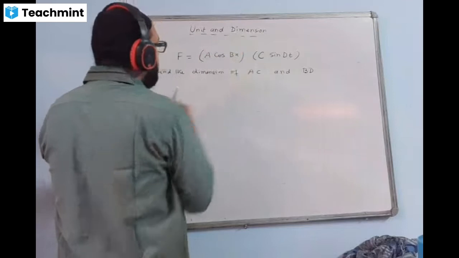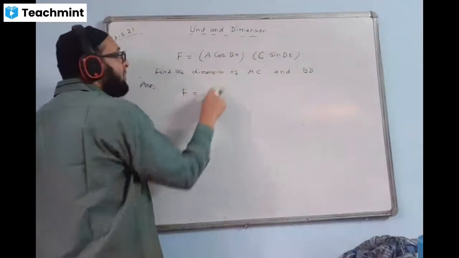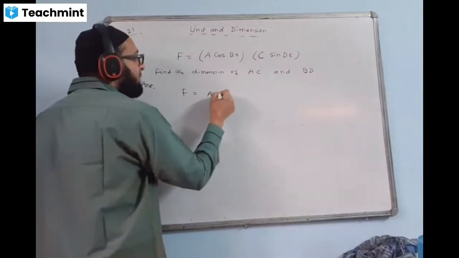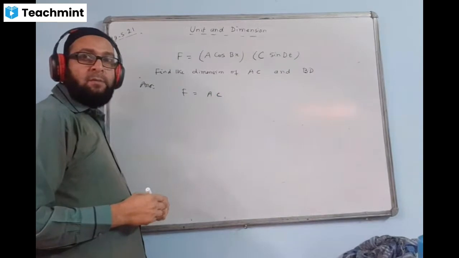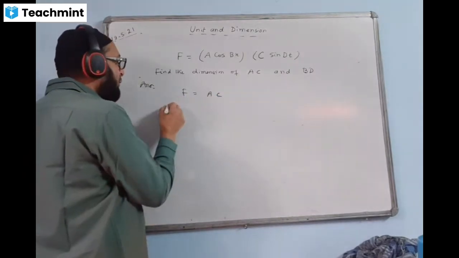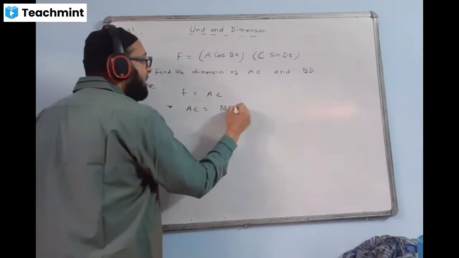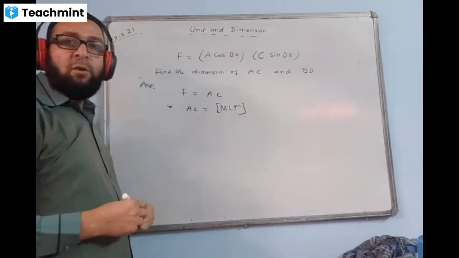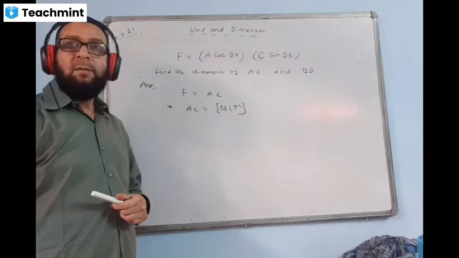A and C. So F is equal to AC. Very simple. Then the dimension of AC is the same as the dimension of force, which is MLT⁻². Finished. So we got the dimension of AC as a whole. You understood it, boys?